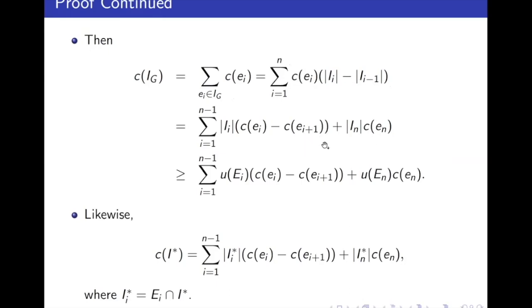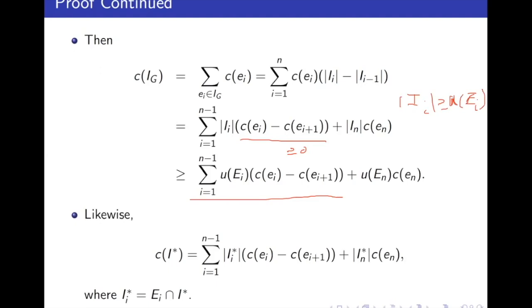Okay, so we know this part is greater than or equal to 0. And from earlier, we know this has a lower bound, U of E_i. So this is U. So then we have this.